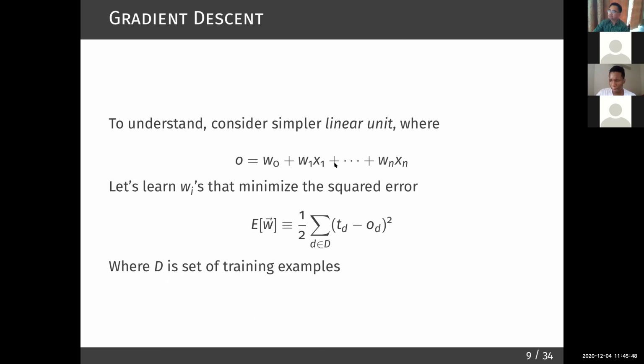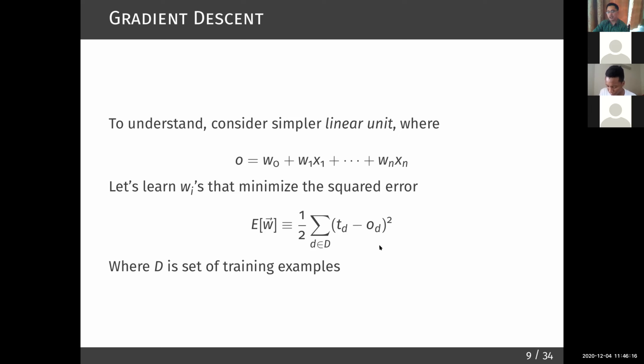Okay, so to understand the learning unit, let's consider this. The output is computed based on the perceptron: W0 times 1 plus W1x1 plus up to Wnxn. This is the summation that we already saw. Then our W's can be minimized with the squared error.